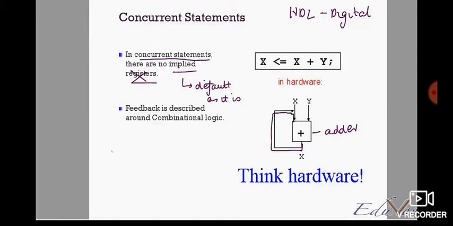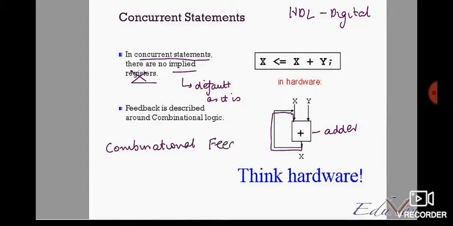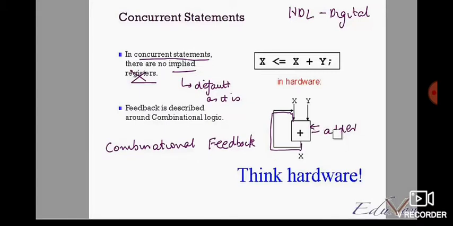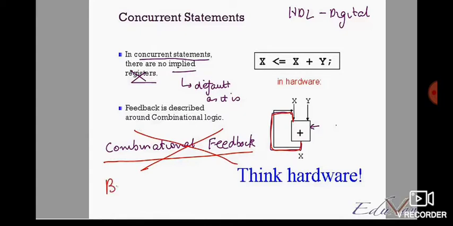This in digital design is called combinational feedback. When you have a combinational logic in between, and you try and feed the output back to one of its own inputs, you cause combinational feedback, and this is a very bad style of design.